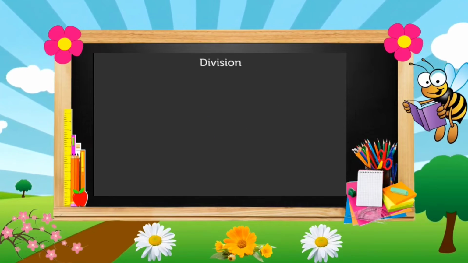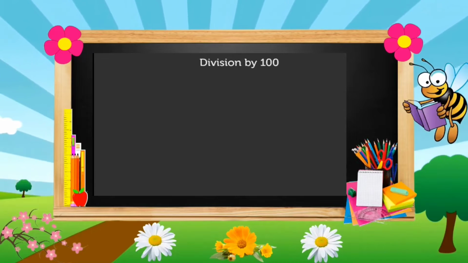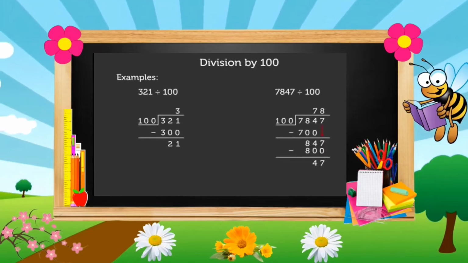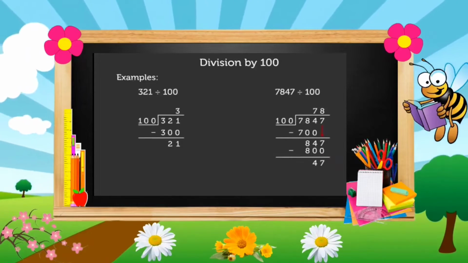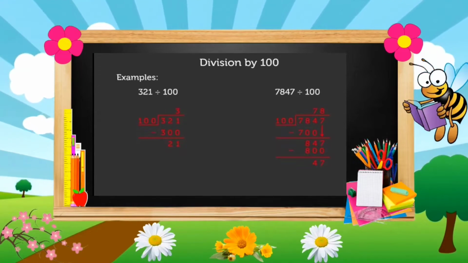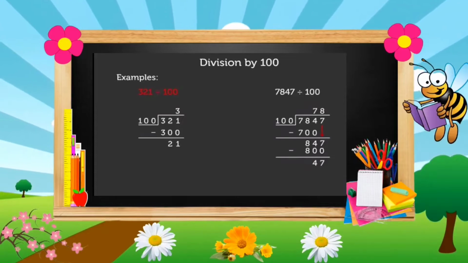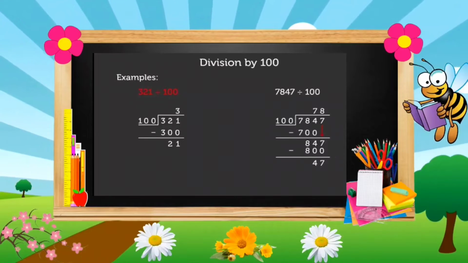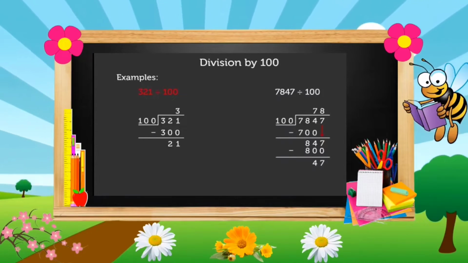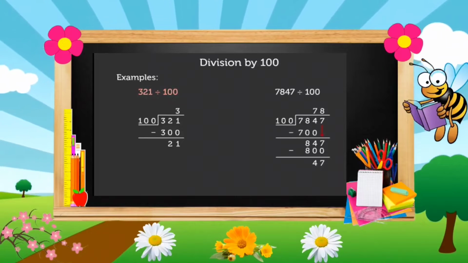Next is division by 100. Look at the board. We have solved the two examples by the division method. Look at the first example. 321 divided by 100.